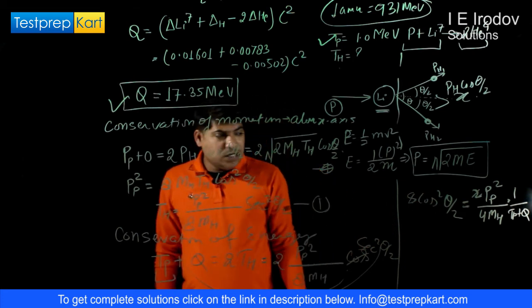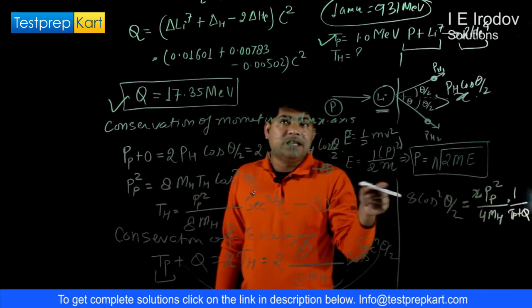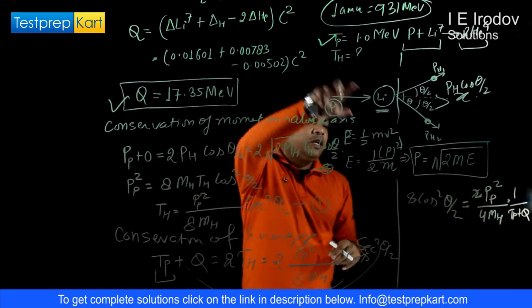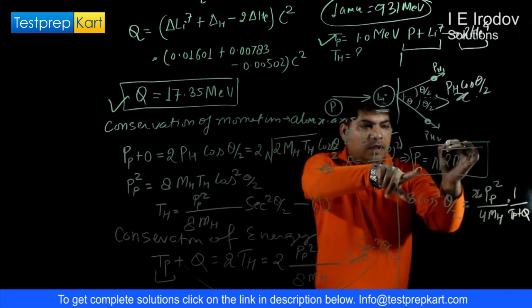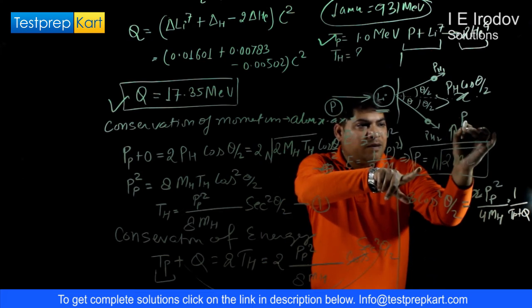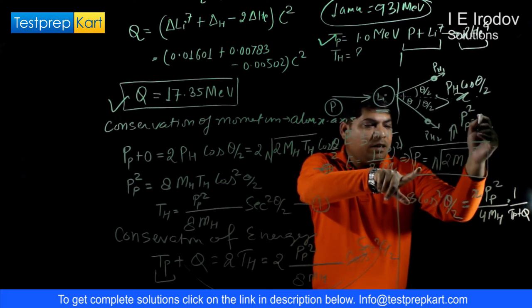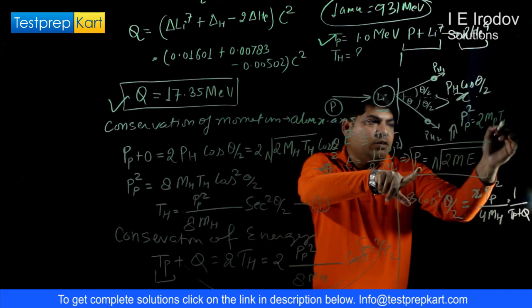Now this PP square can be represented in terms of the energy of proton using this relation. From this relation, the momentum of proton square can be replaced as 2 mass of proton into TP.